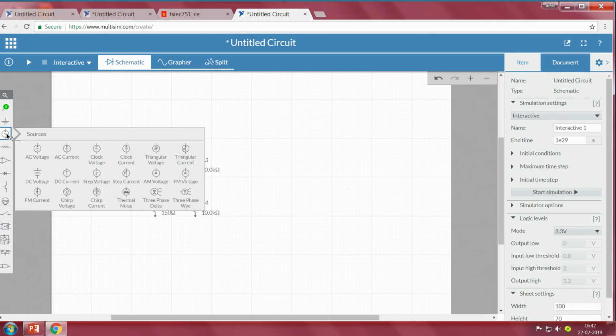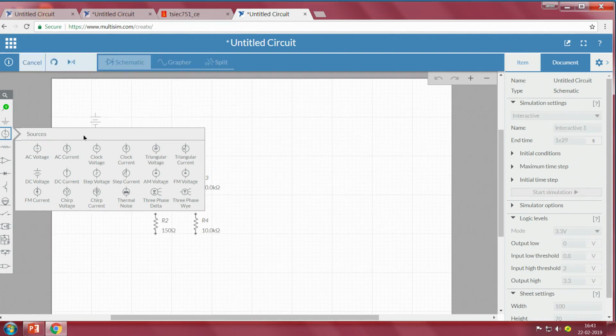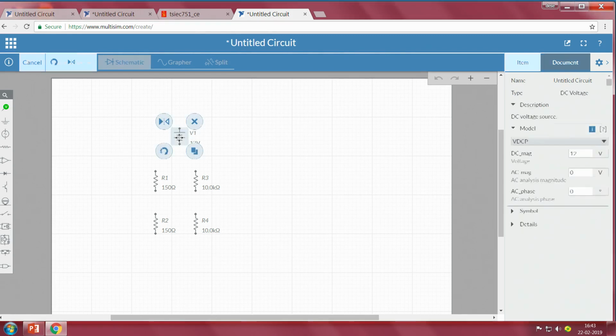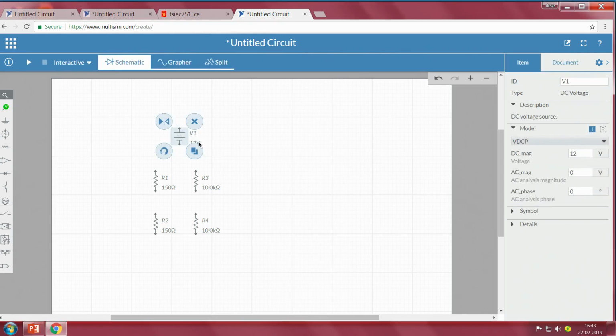So here we have the source. Let's give a source voltage of 10 volt.